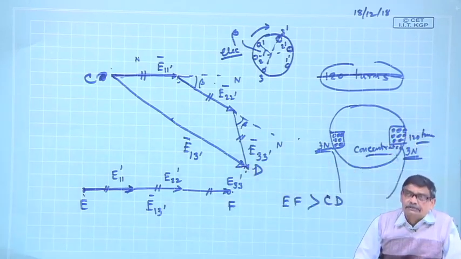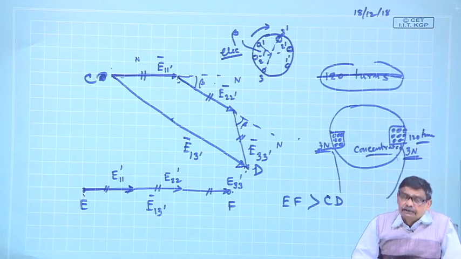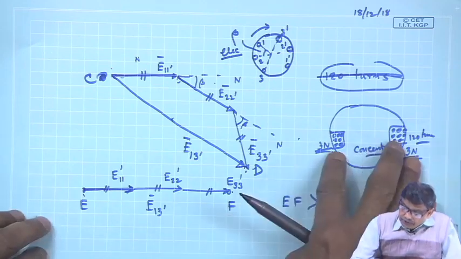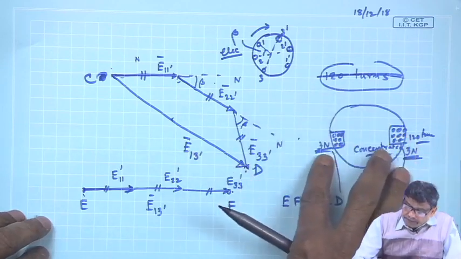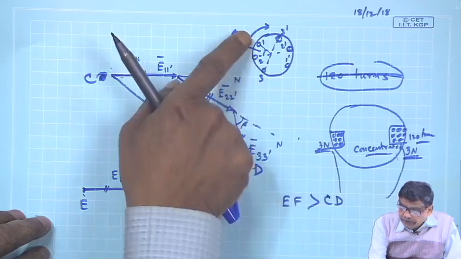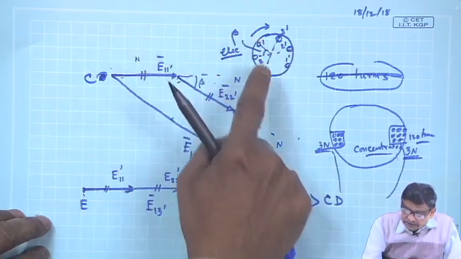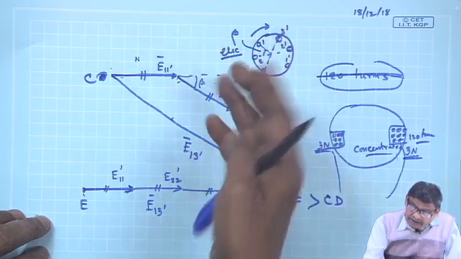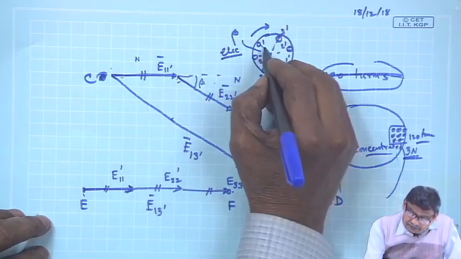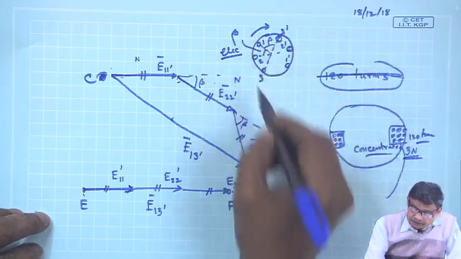Space available in a slot is not infinite. Therefore, you have to distribute the coils: 3n turns you want to use, you distribute as coil 1 1 dash 10 turns, 2 2 dash 10 turns, 3 3 dash 10 turns, and they are displaced by beta electrical from one to the other.